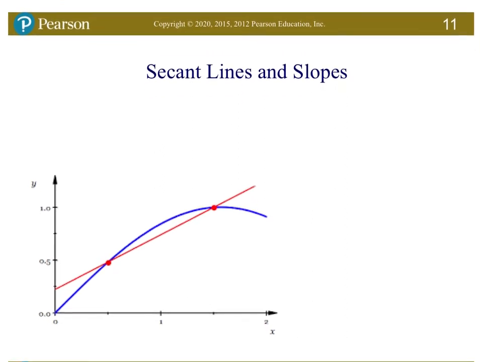So what does that mean visually? Well, a secant line represents the average rate of change, the slope. Or instead of the word average, we use the word mean.